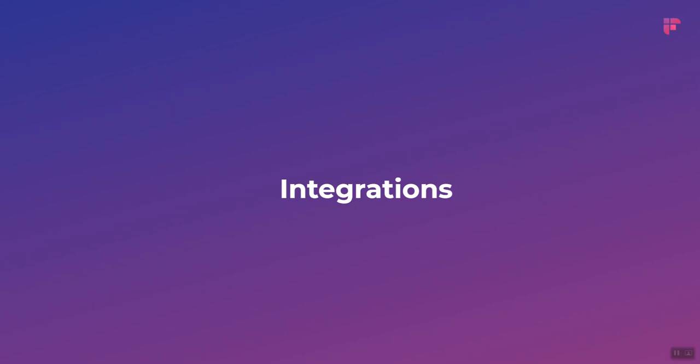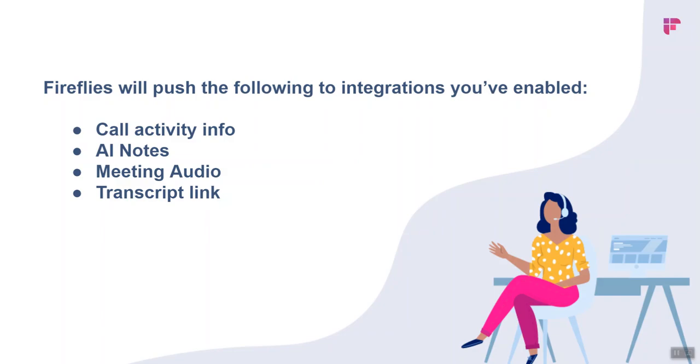Let's talk about integrations now that we're actually at it. What our integrations will do is automatically push the following to the integrations after the meeting. It'll send the call activity information, like what the name of the meeting was, how long the meeting was, who the participants were. It'll also send AI notes. The AI generated notes are based on these action item filters and these topic filters.